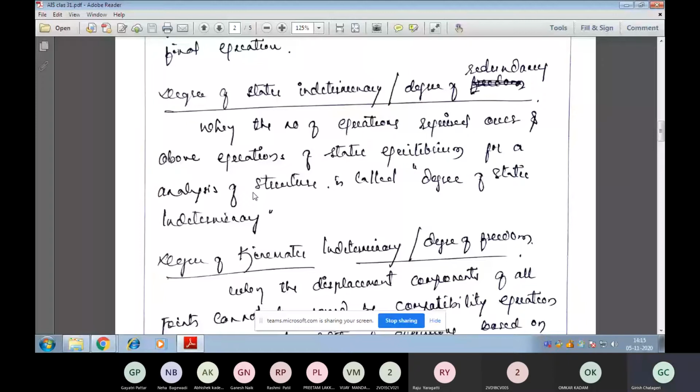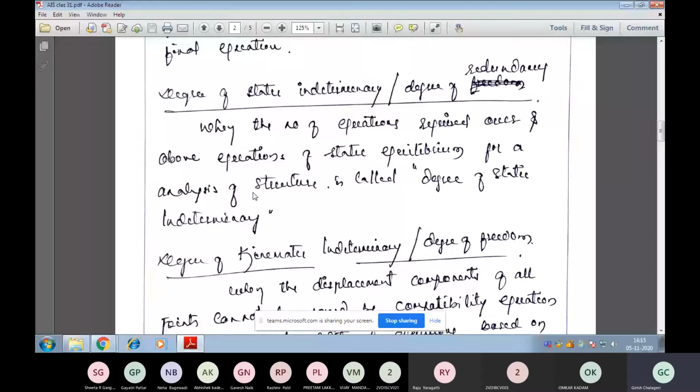To analyze the problem, we call it a determinate structure when the unknowns in the structure are equal to or less than the equations of equilibrium. Such structures are called determinate structures. When the unknowns are more than 3, that is, the equations of equilibrium, then we call that structure an indeterminate structure.